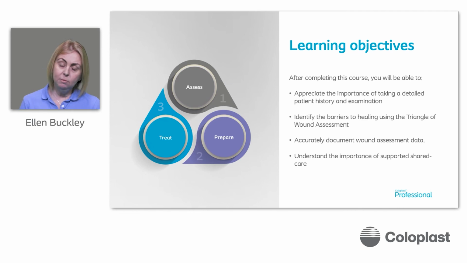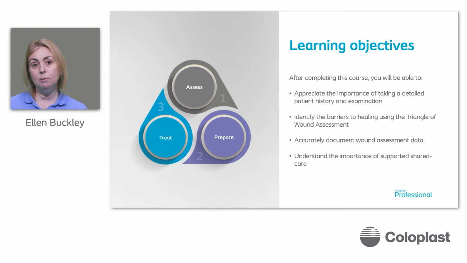Making sure that we document our wound assessment really accurately, because that helps evidence the decisions that we make for our wound management plan to try and help that wound progress towards healing. And have a think about which patients might potentially be able to take part in that supported self-care, take part in their own wound management.